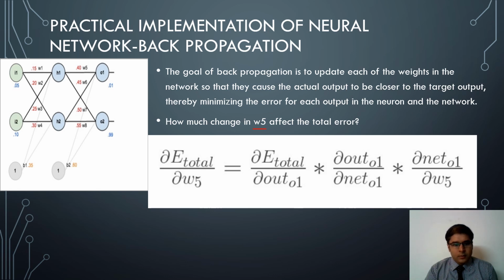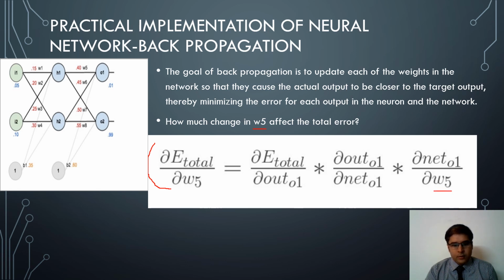So how much a change in W5 will affect the total error is the question. That can be answered by the partial derivative of E total with respect to W5, which is equal to del of E total by del of output O1. So it has been split into different parameters so that we can easily take the partial derivative with respect to W5.